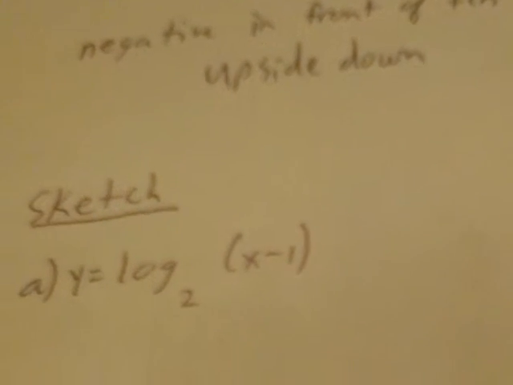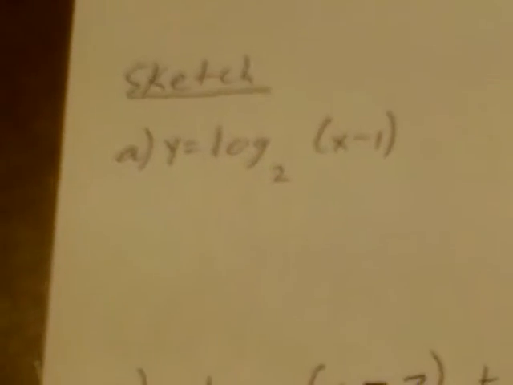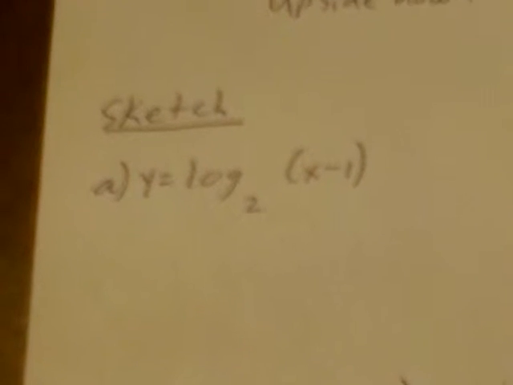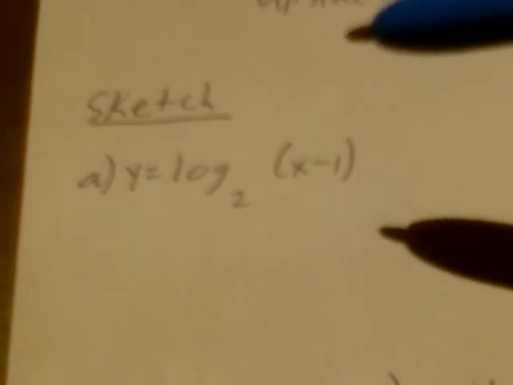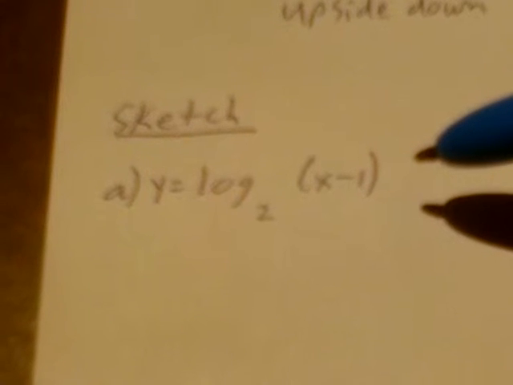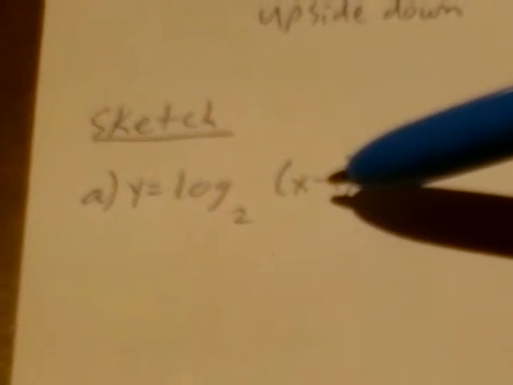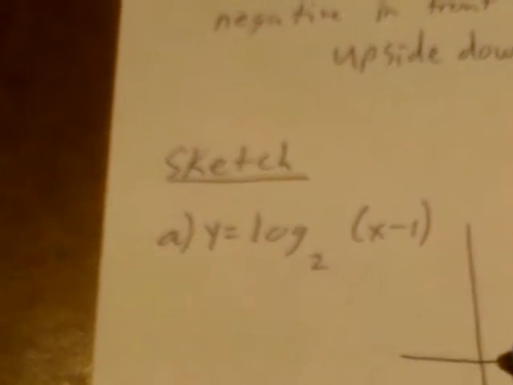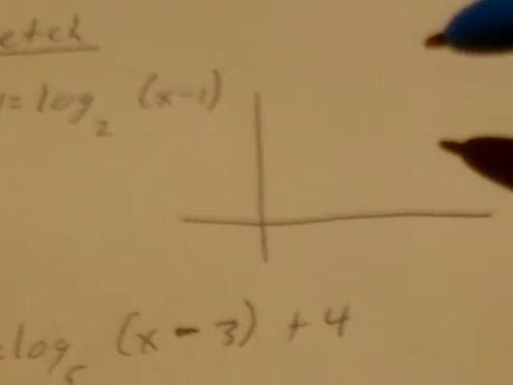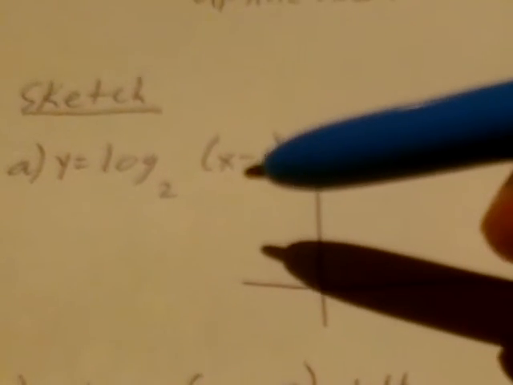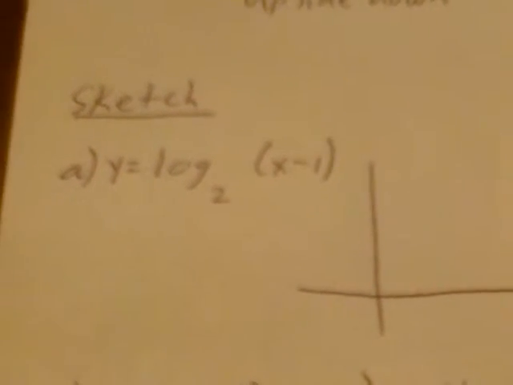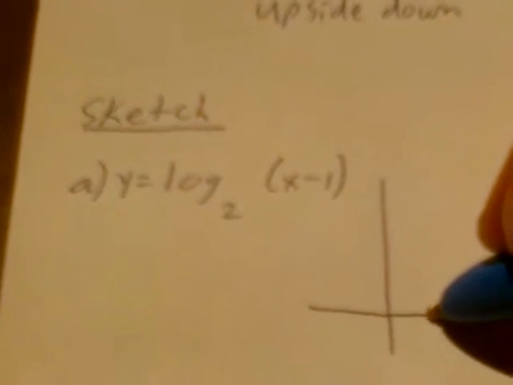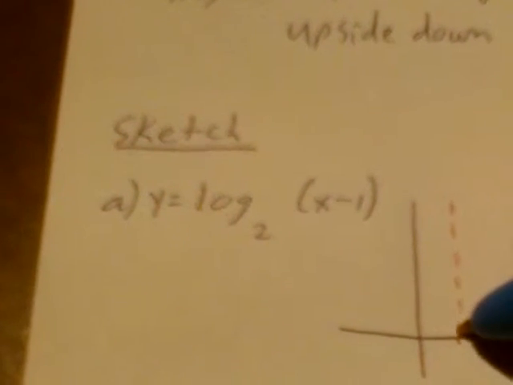So let's use those transformations that we've done many times throughout the year to make sketches of our log graph. And so here we have y equals log base 2 of x minus 1. The x minus 1 just says move the graph to the right 1. So I'm just going to make my little xy coordinate plane here. And just like we did with our rational functions, we're supposed to move the graph to the right 1. So I'm going to draw in a new y-axis moved over to the right 1.